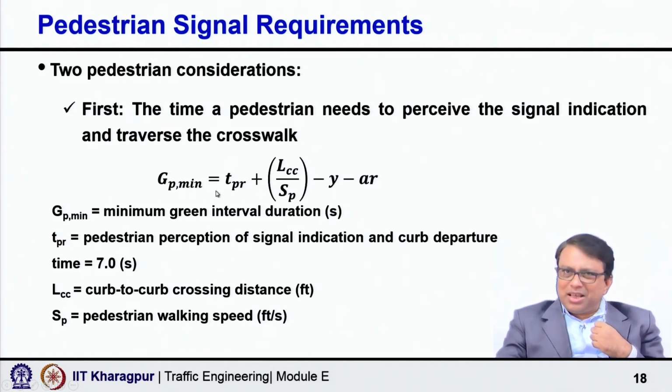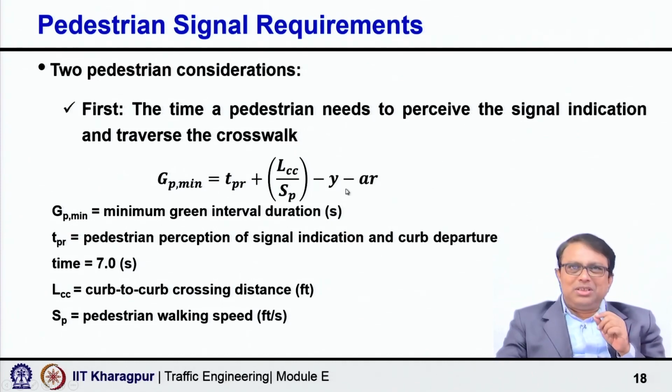Plus, the pedestrian has to cross. So, what is the value of LCC? LCC is the curb to curb crossing distance divided by the pedestrian walking speed SP. So, LCC by SP minus yellow time or amber time minus the all red time.